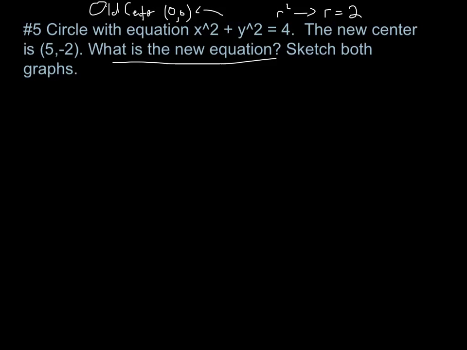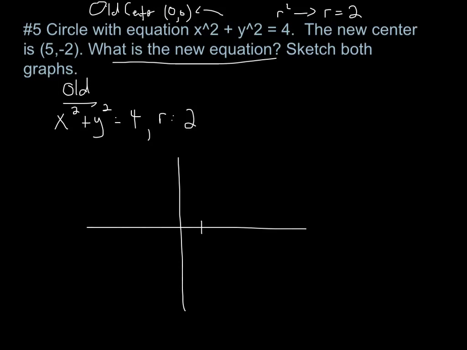And sketch both graphs. So here's our old equation, x squared plus y squared equals 4, where the radius is 2. Let's sketch that graph and see what it looks like. Center at 0, 0.